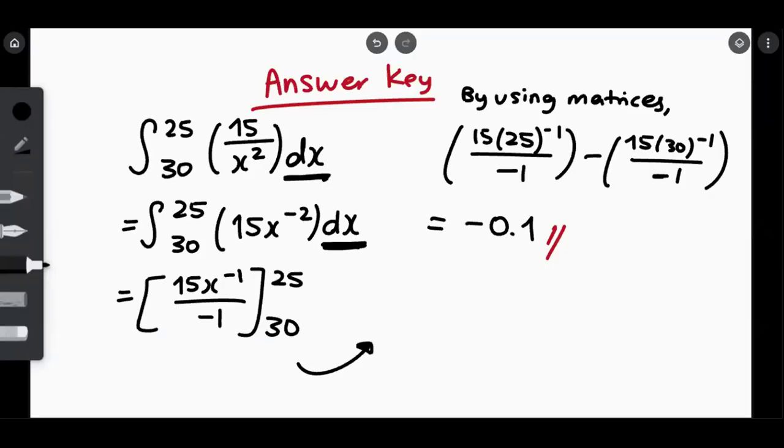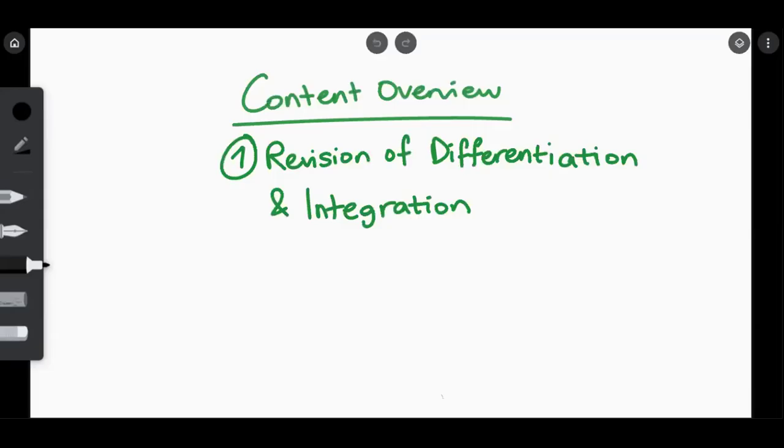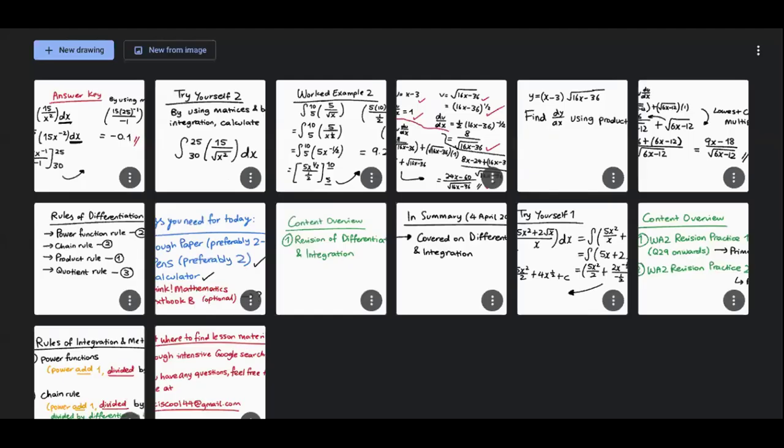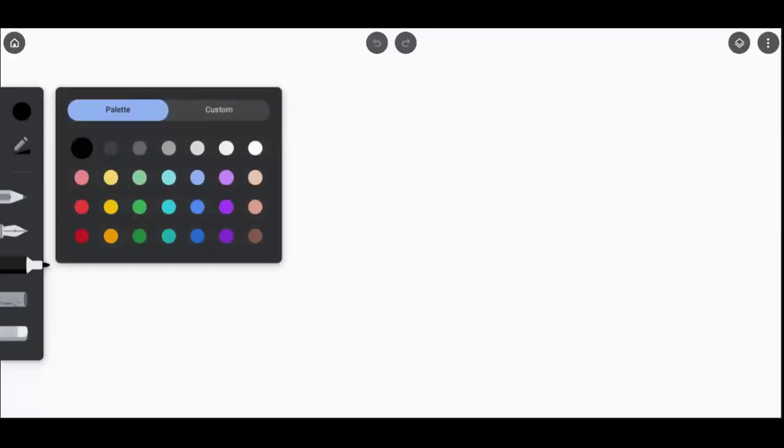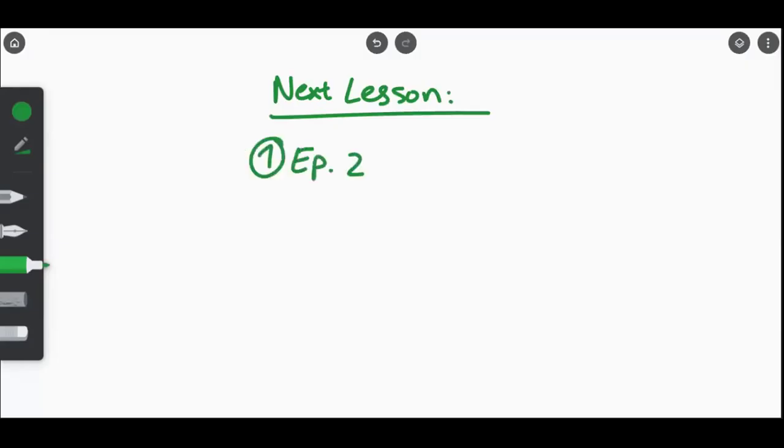This is just episode 1. Now, next lesson. Okay, next lesson, what are we going to be doing? Firstly, this is for episode 2. Episode 2, we will learn more about the differentiation of chain rule and power function.